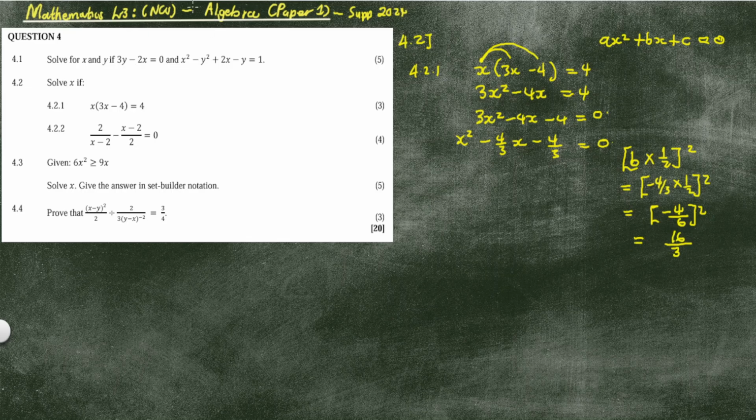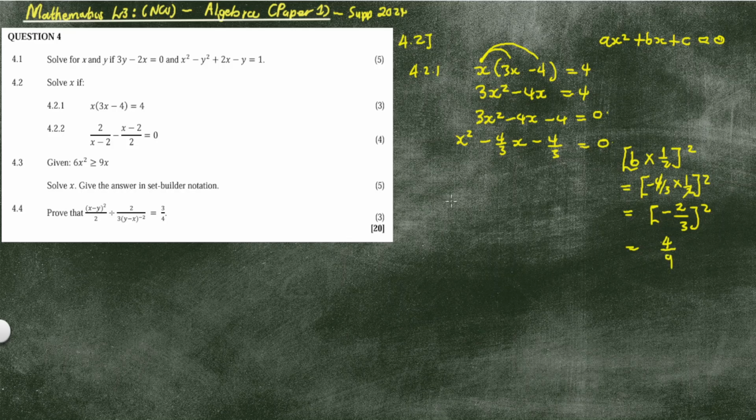Wait a minute. 4/3 times a half should be 2/3, because 2 goes into 4 twice, so 4 over 2 is 2. When you punch this on a calculator, you should get −2/3, and when squared it's going to be a positive 4/9.